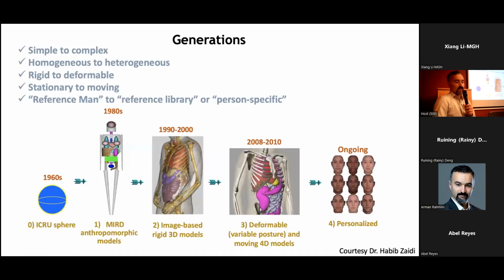So we've had different generations of phantoms or anthropomorphic digital models, and they've been improving in terms of realism, but nowhere close to where we want to be, and that's the point I would like to make. The first generation, essentially, you see geometric shapes. And again, we've been moving from simple to complex and to more heterogeneous and more realistic structures.